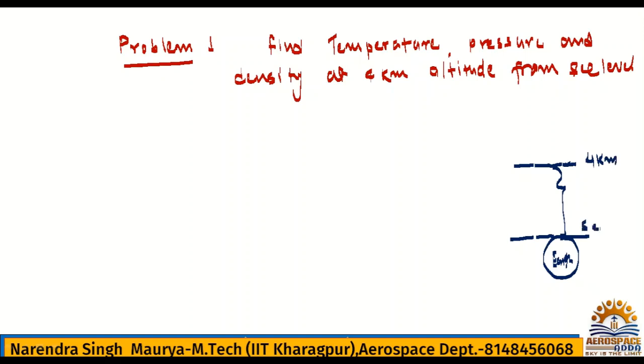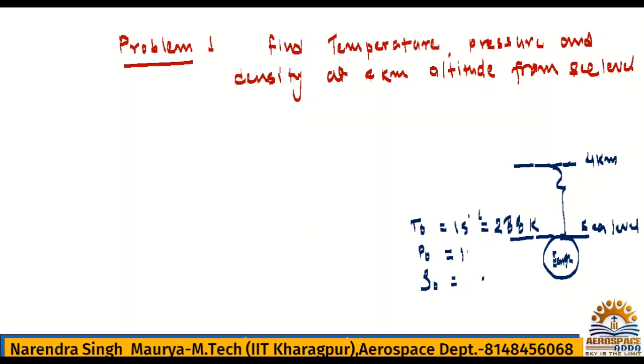The sea level quantities are temperature T naught, pressure P naught, and rho naught. T naught is the sea level temperature, which I gave in the last class. It is the ISA, International Standard Atmosphere, value of 15 degrees Celsius. If you calculate in Kelvin, you just add 273, so it will be 288.